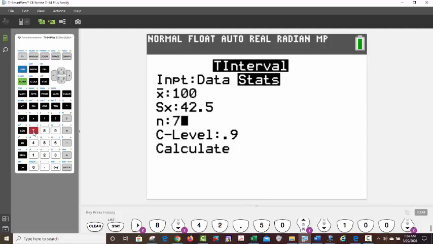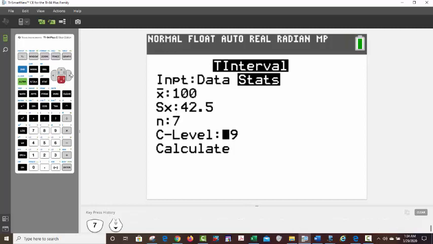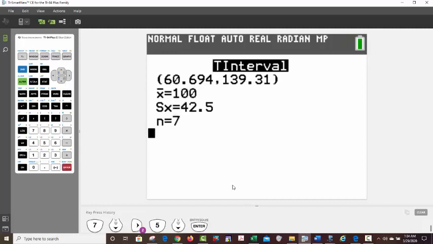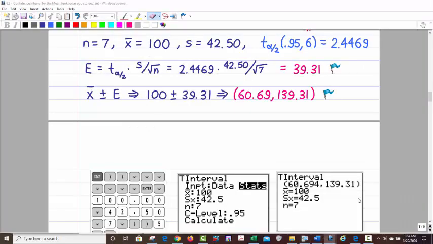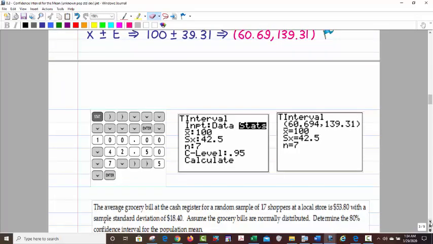Sample size was 7. Confidence level is 0.95. Calculate. There it is. 60.69 to 139.31. Fantastic, as my math lab would say.